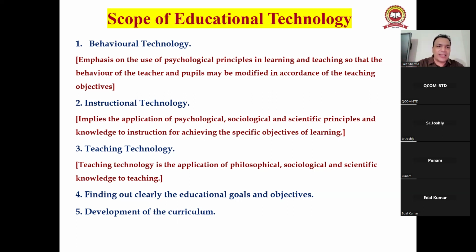Under behavioral technology, the emphasis is on the use of psychological principles in learning and teaching, so that the behavior of the teacher and pupil, means student, may be modified in accordance with the teaching objective, right? Instructional technology, the instructions you are giving, passing to the student, it implies the application of psychology, sociology, scientific principle and knowledge to the instruction for achieving the specific objective of learning.